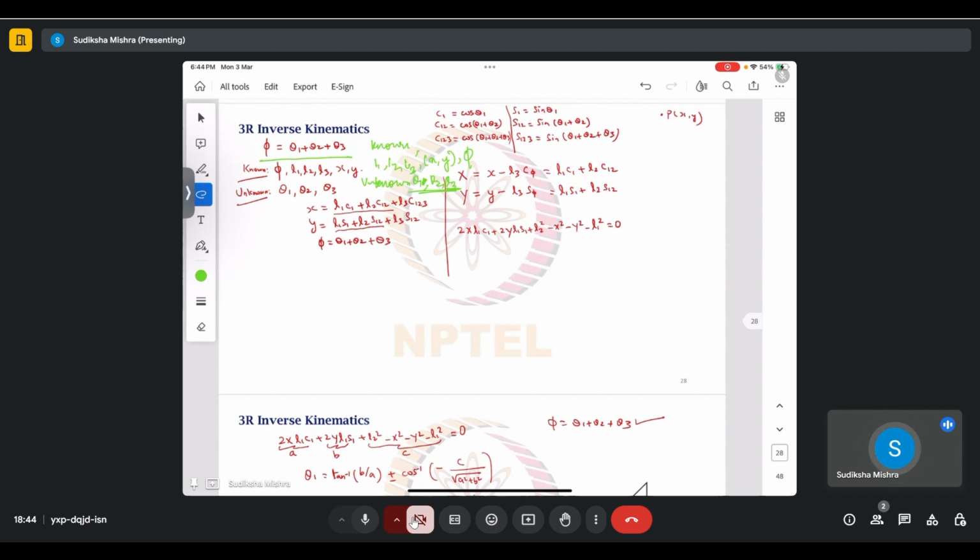Similar to what we did in a 2R problem, assume this term to be capital X and this term to be capital Y. We know x and y in the respective terms.